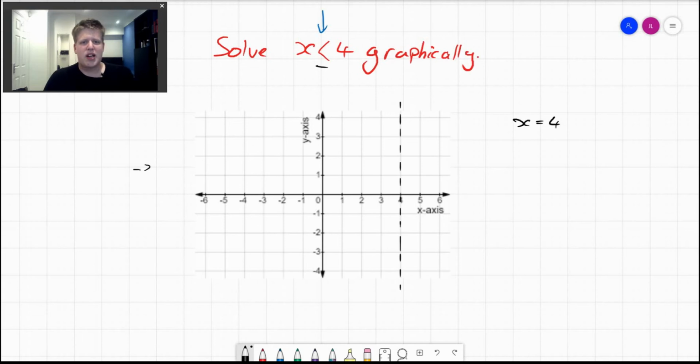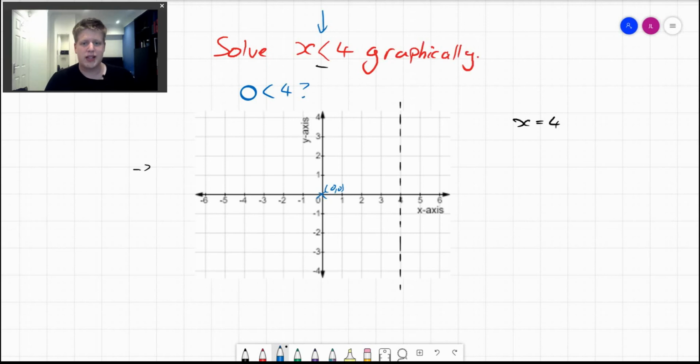Now we need to find the area in which the x-coordinate is always going to be less than 4. So the secret is to pick a point on the axis and see if it fits. The common one is always to use 0, 0. So basically, when x is 0, is that less than 4? Well, yes, 0 is less than 4, which means that the point 0, 0 lies in this area we're trying to find.